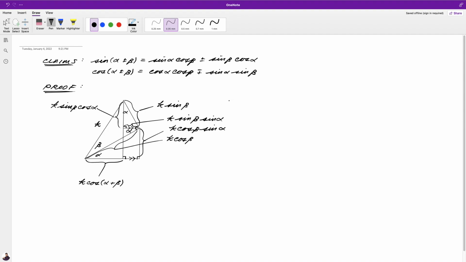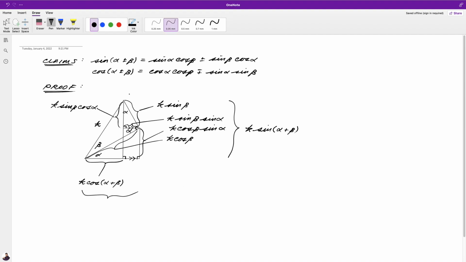And what is the whole segment? Well, this whole thing is just K times the sine of the quantity alpha plus beta. Okay, we have one more segment to identify, and it's this whole segment right down here.